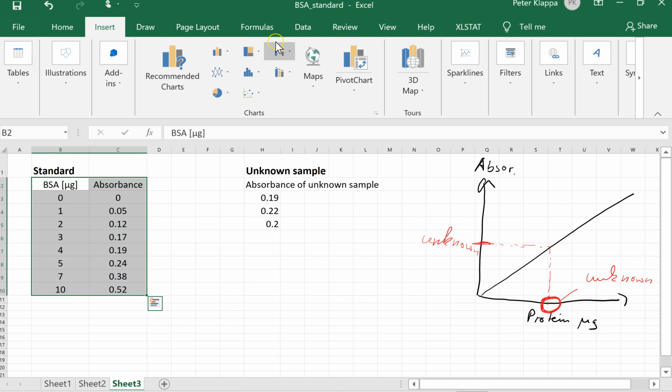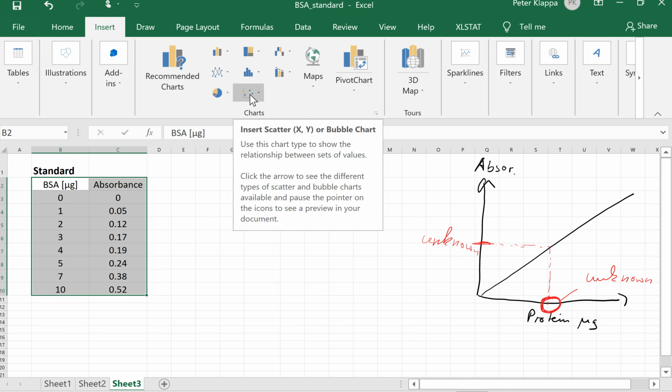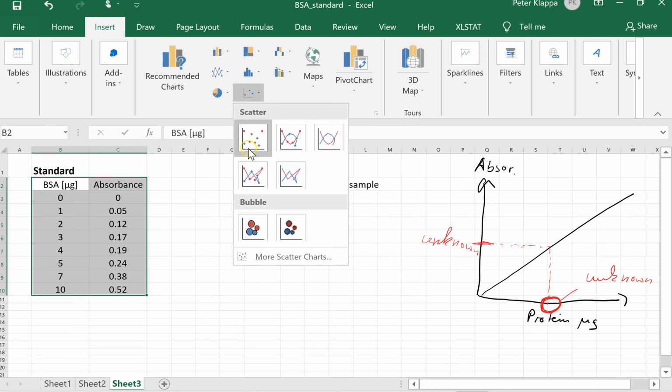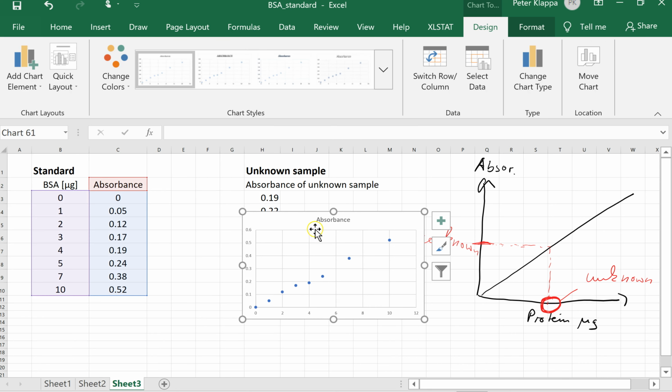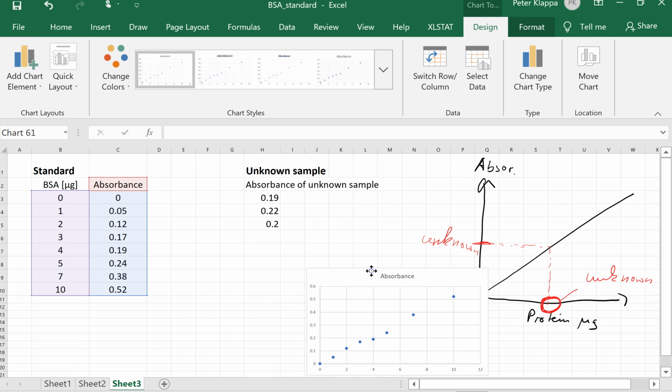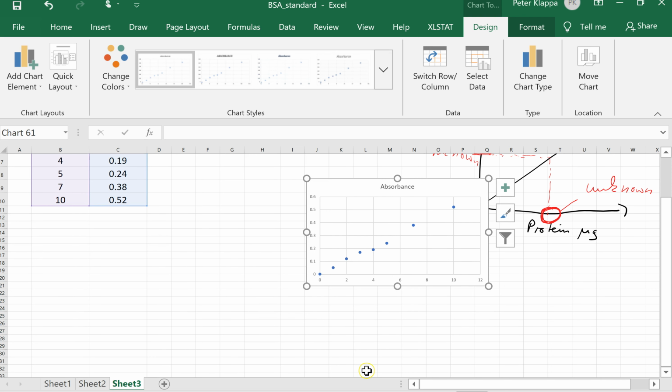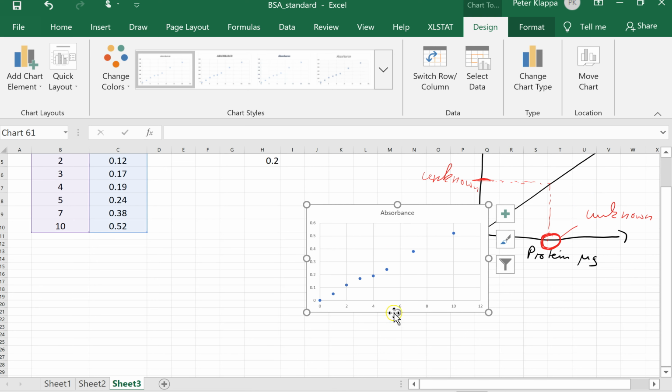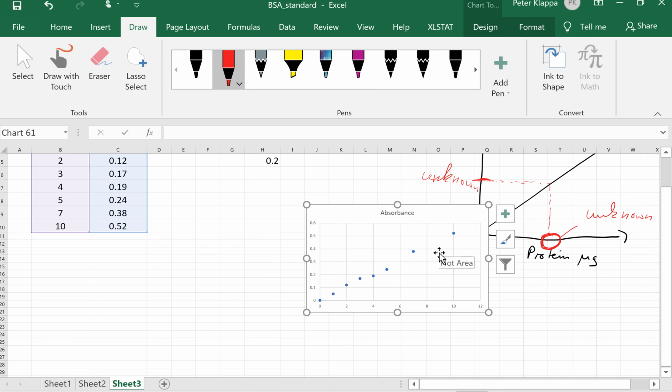So I go to Insert, and I find the right chart. So I use a scatter plot like this. So here would be my plot for this, and obviously we would have the axis properly labeled.